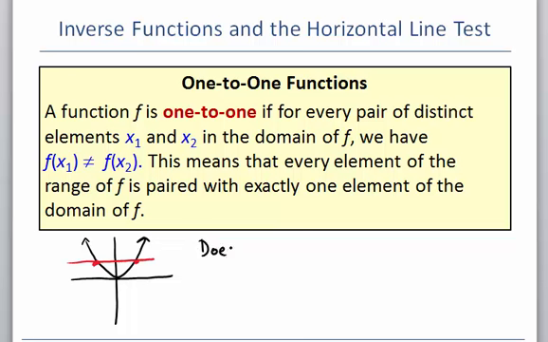So I'm just going to make some notes here. So it does not pass the horizontal line test. So if it does not pass the horizontal line test, the function is not 1 to 1.